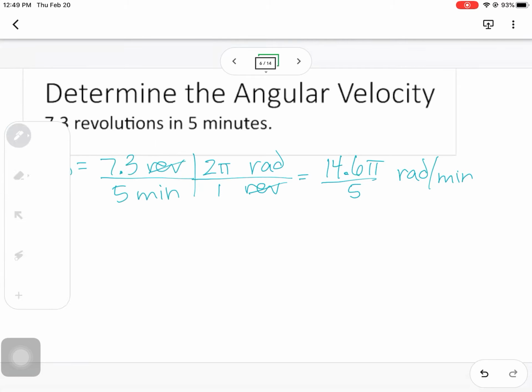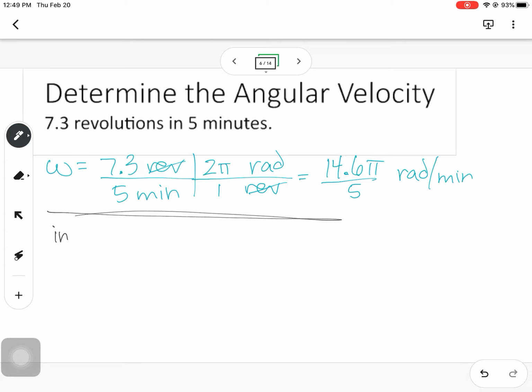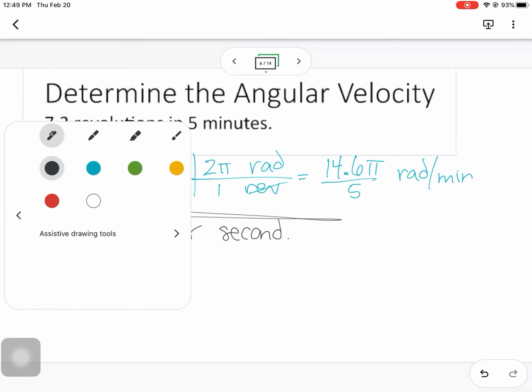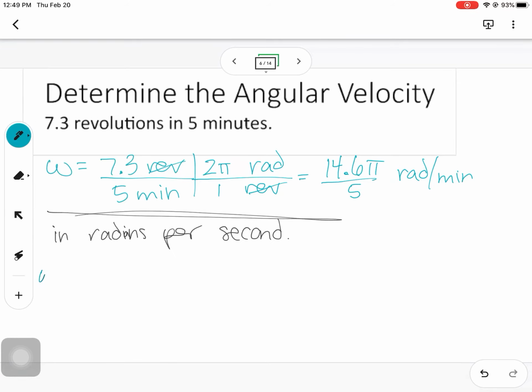Had I done this slightly differently, and say I wanted this in radians, oopsies, per, say, second, we're going to have to do 2 rounds of dimensional analysis for this, and I'm going to show you just how this problem would only slightly vary. We would start it exactly the same way.